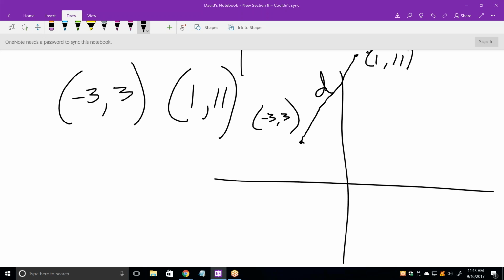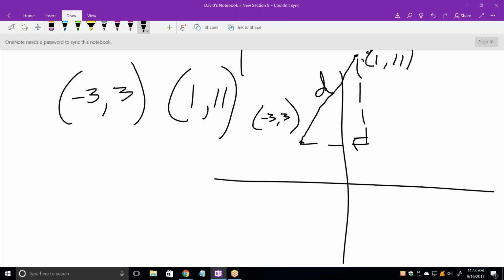Now, notice that if I were to complete that triangle, that distance represents the hypotenuse of a right triangle. The distance formula is derived from the Pythagorean theorem.